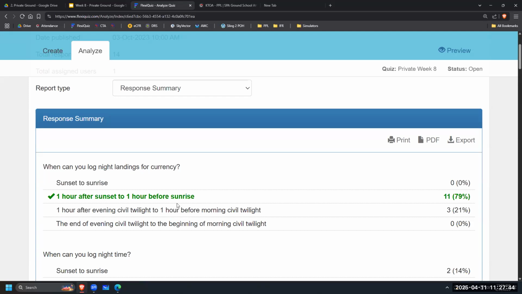It would still be a day takeoff. So one definition: sunset to sunrise is nav lights go on. 30 minutes past or before, that is nighttime, you can log nighttime. And 1 hour past sunset, 1 hour before sunrise, you can officially log landings as night. Yep. Good.